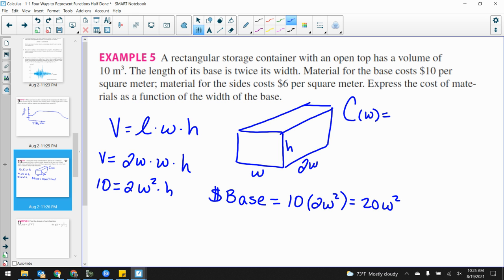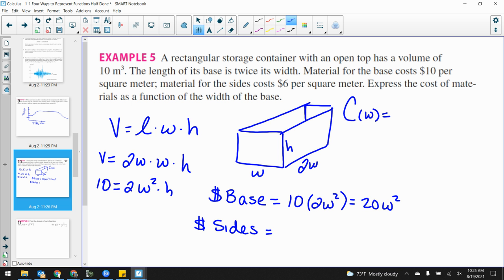Okay, so material for the sides. Cost for the sides is going to be equal to, well, it's $6 per square meter. So what is the total area of the sides? Well, the sides vary a little bit, right? We should write this as an open top too. So there you go, maybe visually there.